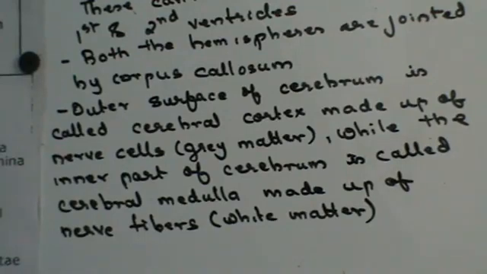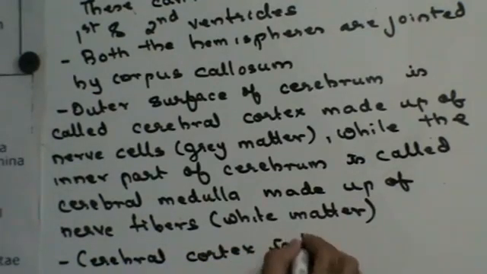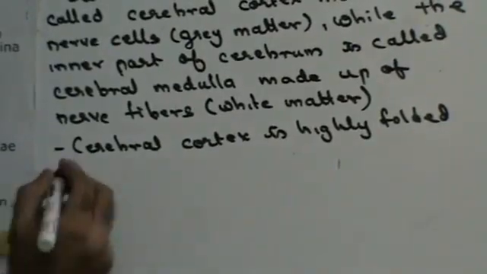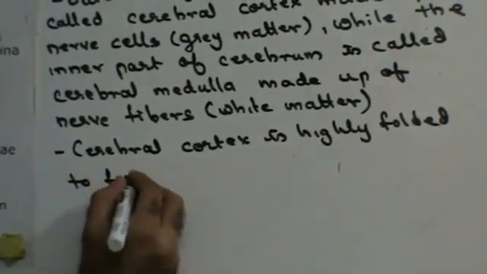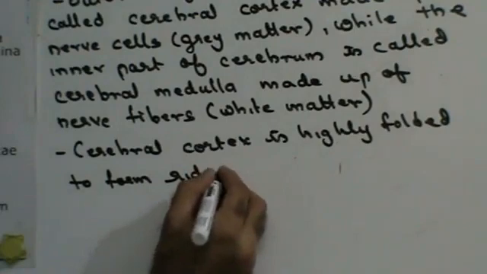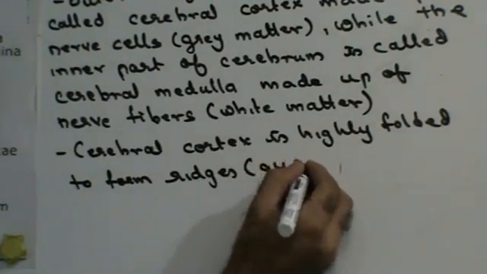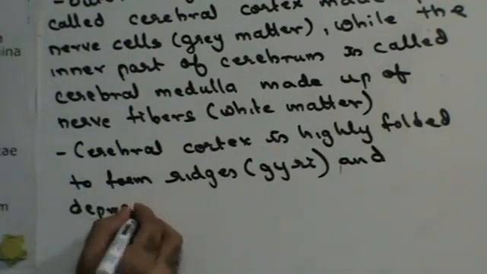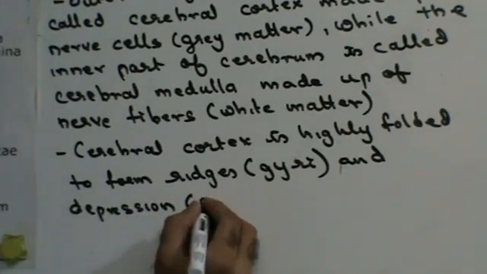Right? The cerebral cortex is highly folded to form ridges, that's your gyri, and depressions, that's your sulci.